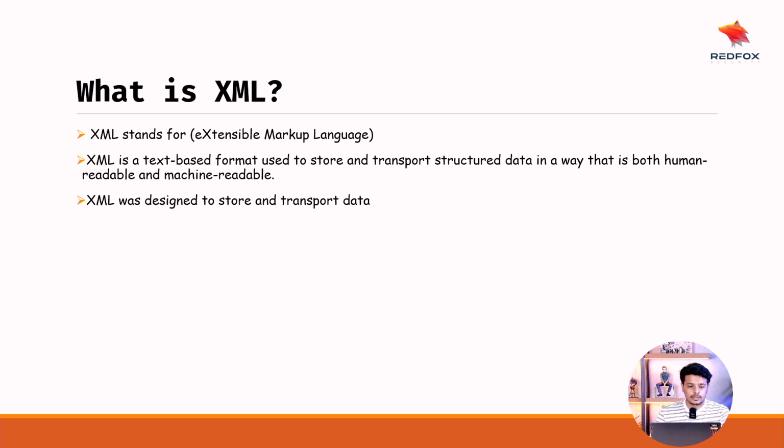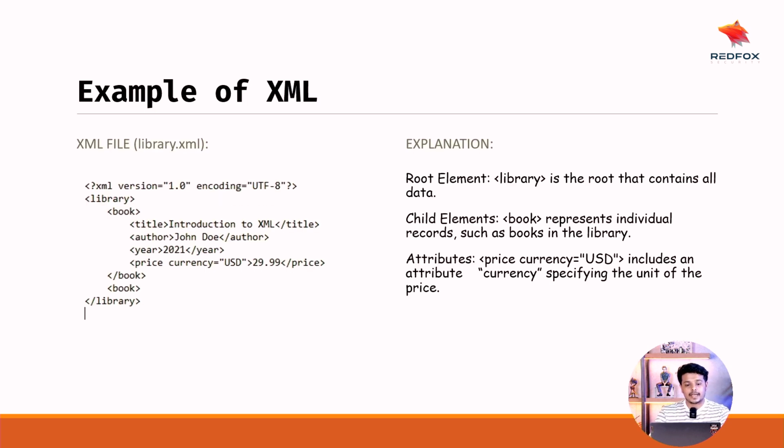So how does it look? This is an example of how an XML file can look. If you can see on the left side of the image, there is a library.xml file. This is a particular structure for an XML document. The library is the root element, in which all the data is stored or referred.